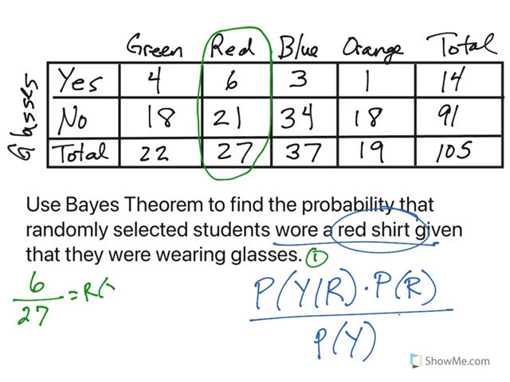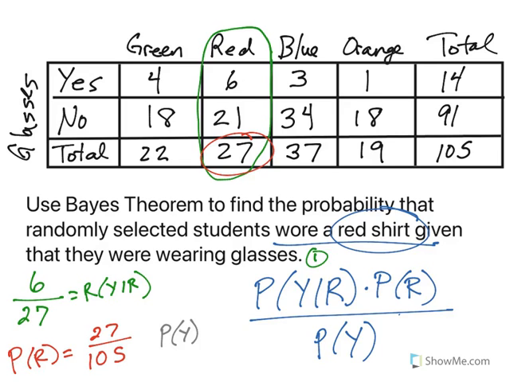Now let's find the probability of red. That's out of the total, so 27 total reds out of 105. And the probability of yes: the total yeses are 14 out of 105. So now we have our probabilities.